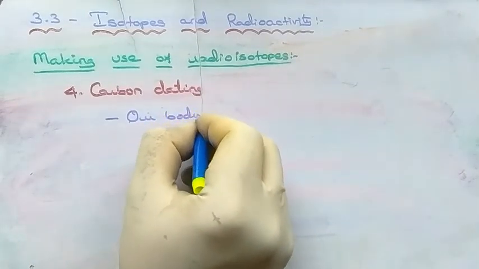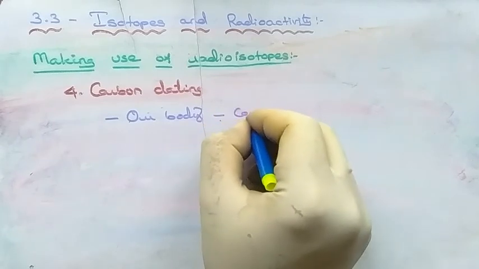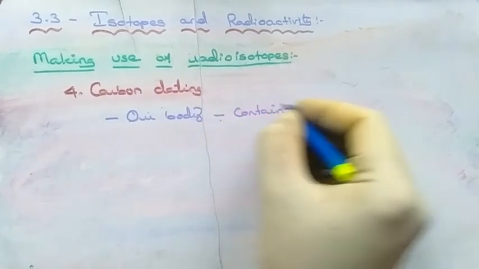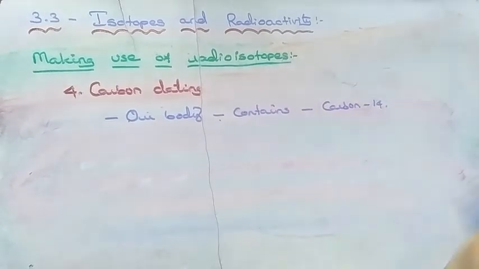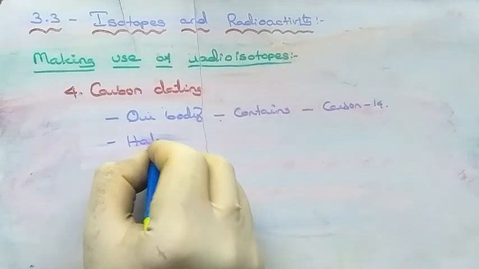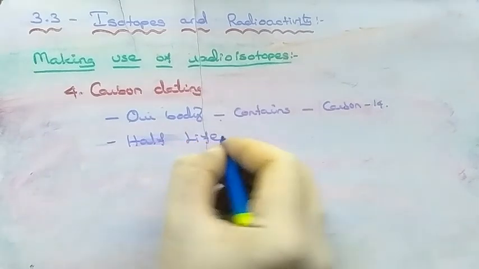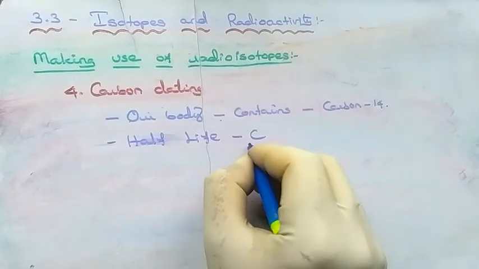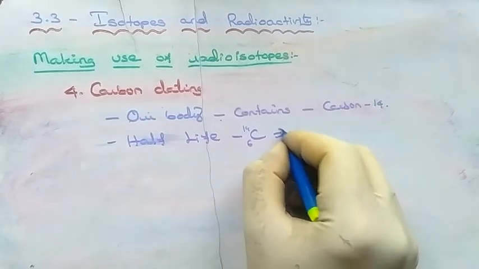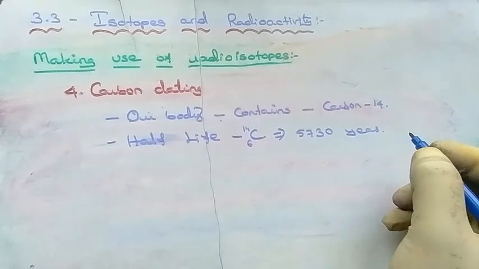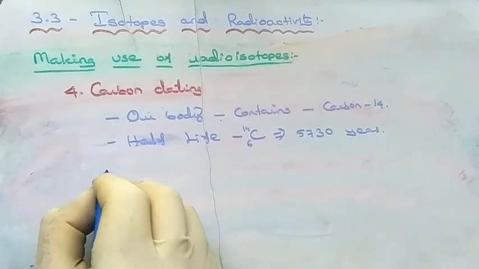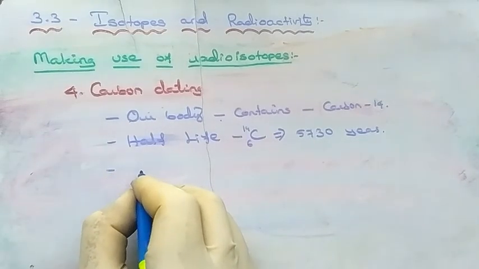The last use of radioactive isotope is carbon dating. In our body, we contain some amount of carbon-14 isotope. As we have seen already, the half-life of carbon-14 isotope is 5730 years, which means even after our death, carbon-14 isotopes will be there in our body.